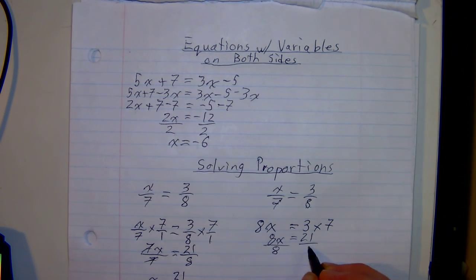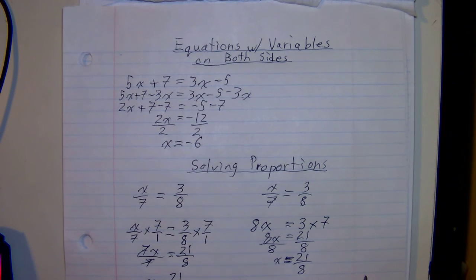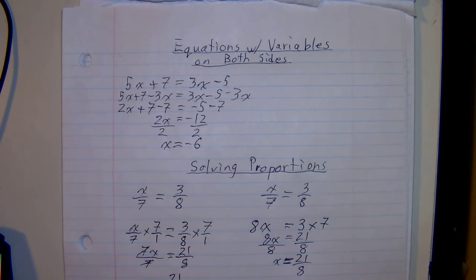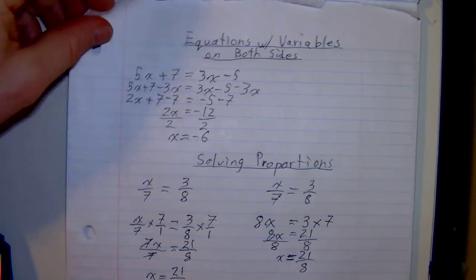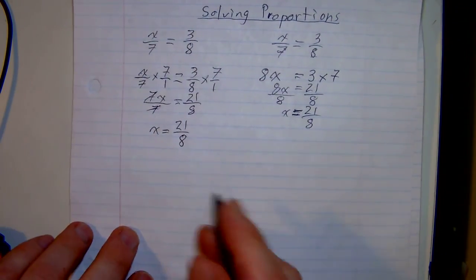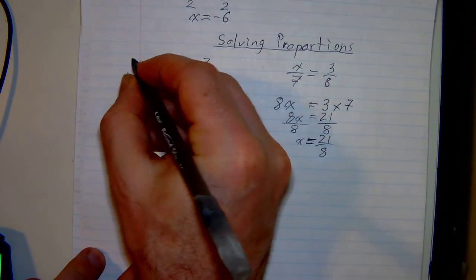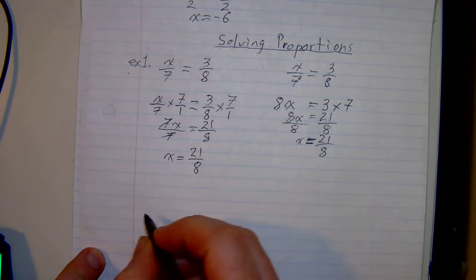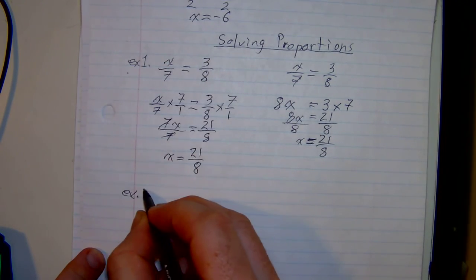Divide by 8, divide by 8, x equals 21 over 8. So some people prefer this method. You're welcome to use it as well, whichever one makes most sense to you. One nice thing about this method is that it works well in the situation where we have a variable in our denominator. So let's call that example 1 and example 2.